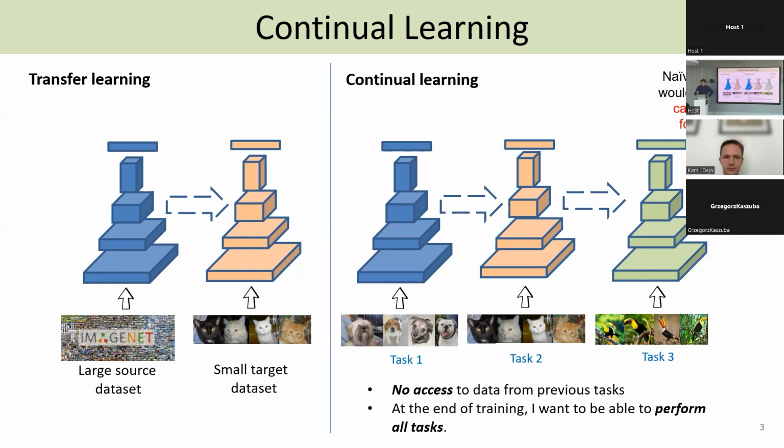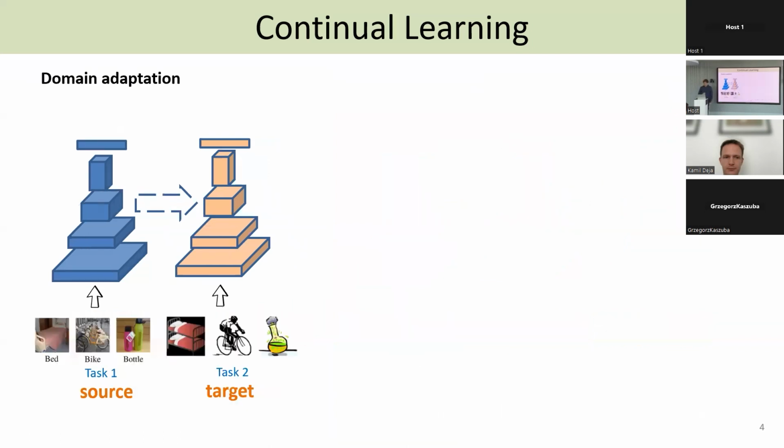When you train a task, you don't have access to previous task data anymore, maybe some limited buffer. And at the end of it, you want to be able to perform all the tasks. So the main difference with transfer learning is that you don't want to forget previous knowledge. And the problem is that you will suffer what is called catastrophic forgetting. If you do this naively, for example by applying fine-tuning, you will just be good in the last task you have seen.